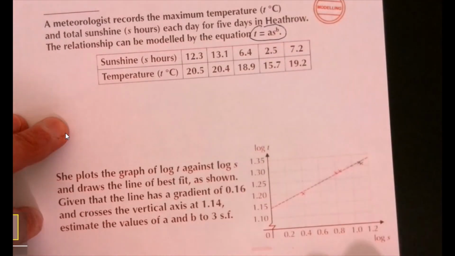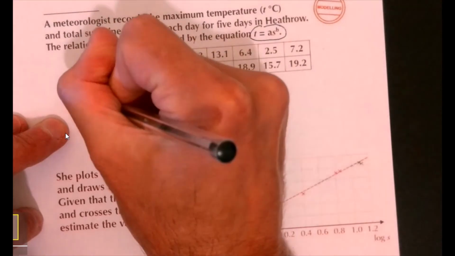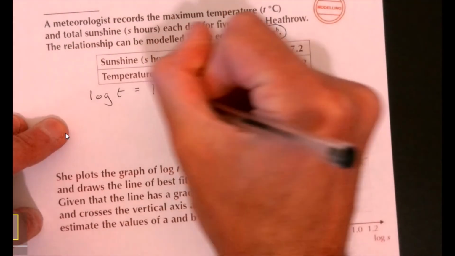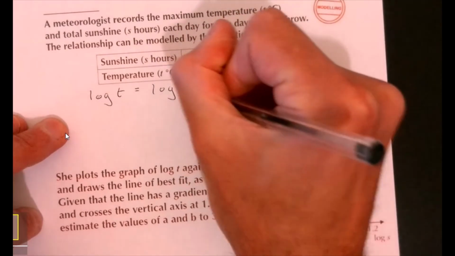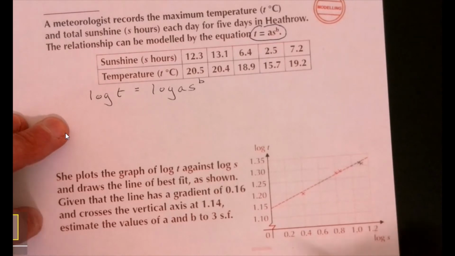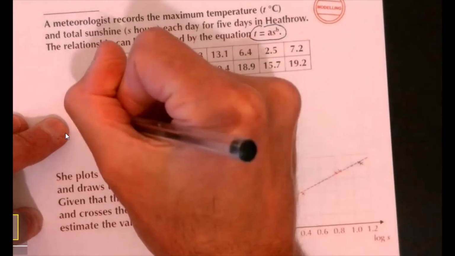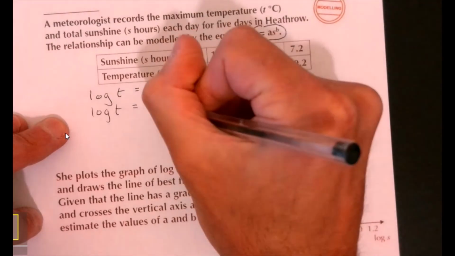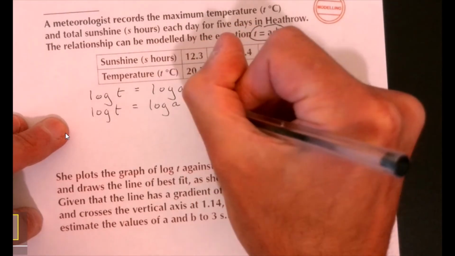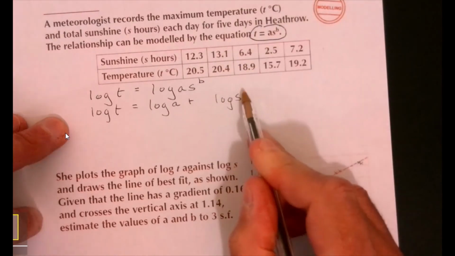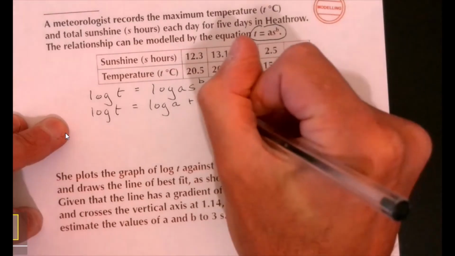So if I take the log of t equals the log of a s to the power of b, then as you get better at this, hopefully you'll be able to do it straight away. It's the log of a plus the log of s to the power of b, but remember that then comes down like that.